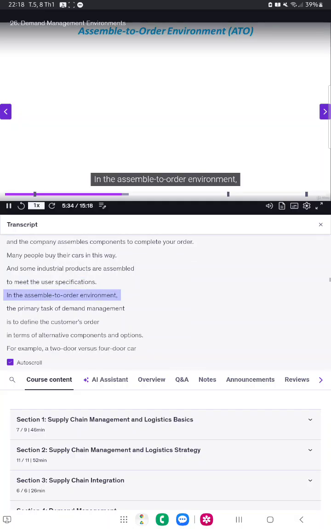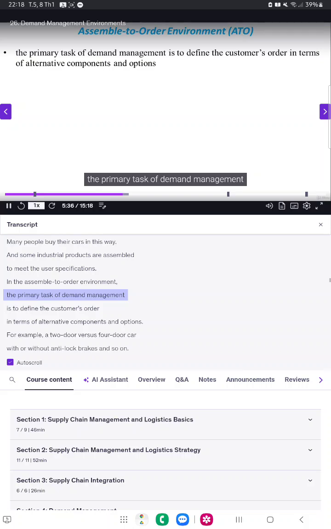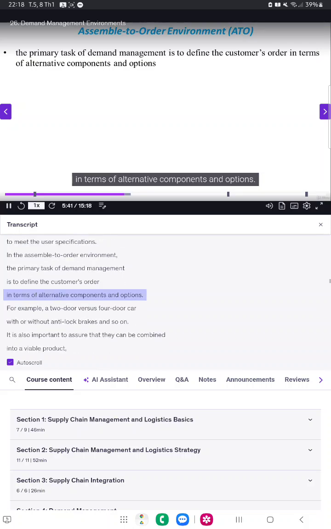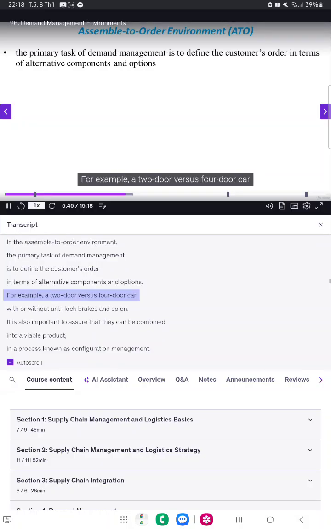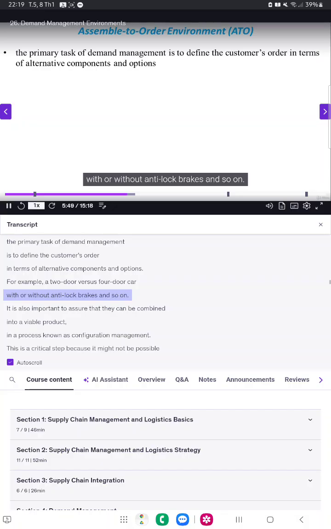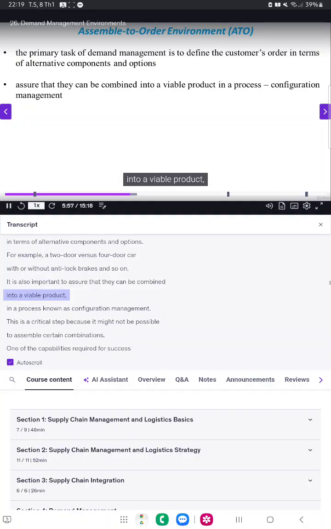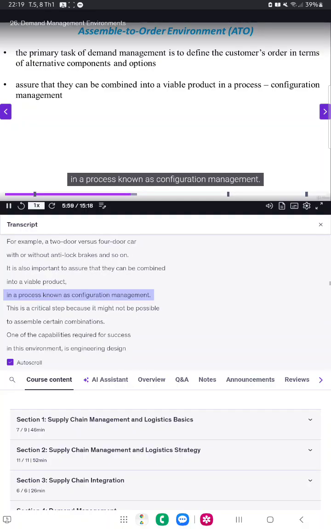In the assemble-to-order environment, the primary task of demand management is to define the customer's order in terms of alternative components and options. For example, a 2-door versus 4-door car, with or without anti-lock brakes, and so on. It is also important to assure that they can be combined into a viable product in a process known as configuration management.